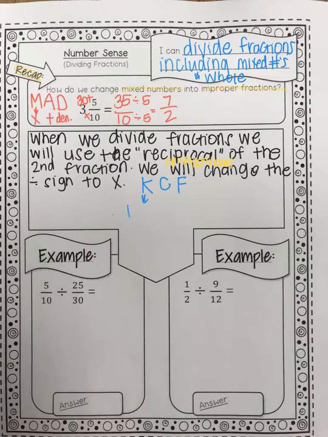The K means keep the first fraction. You want to keep the first fraction the same. The C is change the sign to multiplication. And the F is flip or reciprocal.